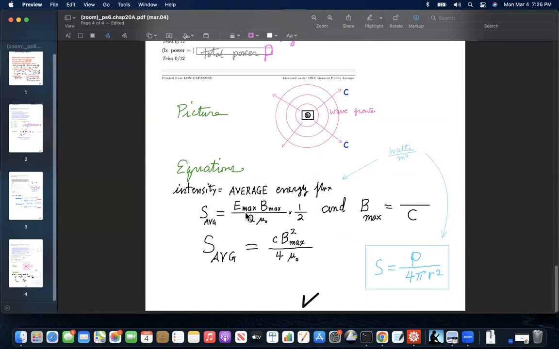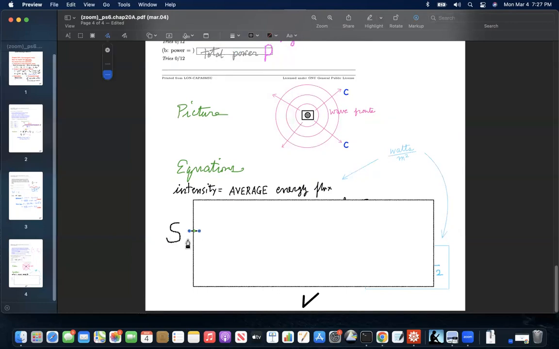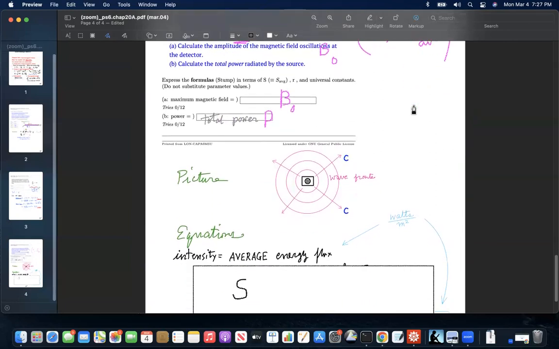What we want is a formula for S, because I have S as a given quantity.